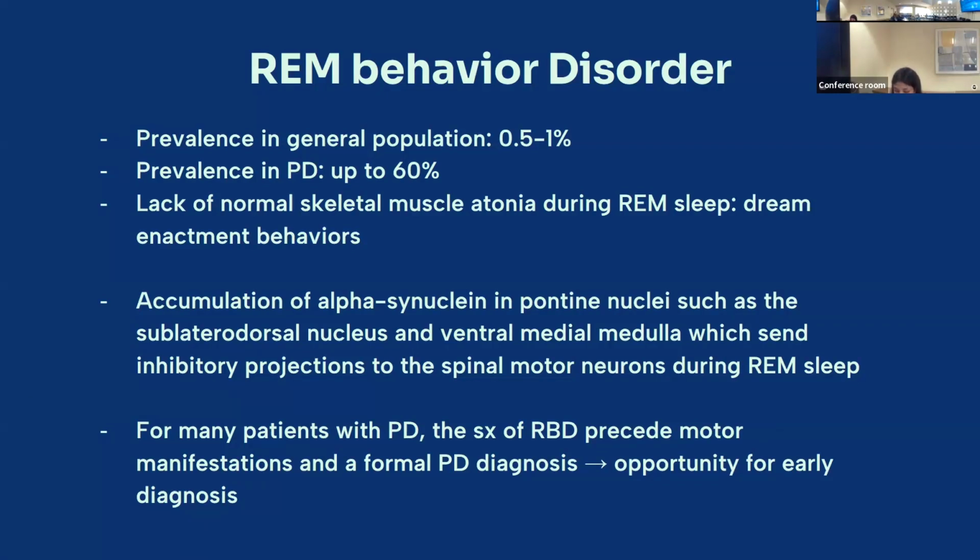The thought is that accumulation of alpha-synuclein in the pontine nucleus, as well as the sublateral dorsal nucleus and ventral medial medulla, disrupts the inhibitory projections to the spinal motor neurons during REM sleep. And for many patients with Parkinson's, these symptoms will precede motor manifestations and even a formal diagnosis of Parkinson's. So it is an opportunity for possible early diagnosis.